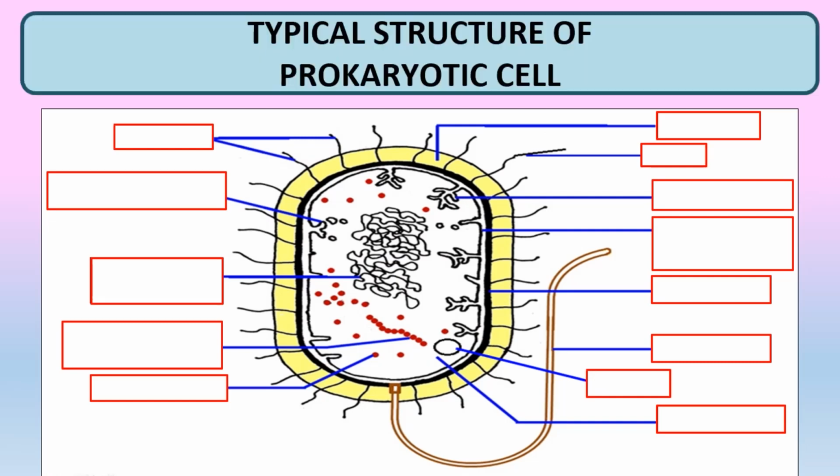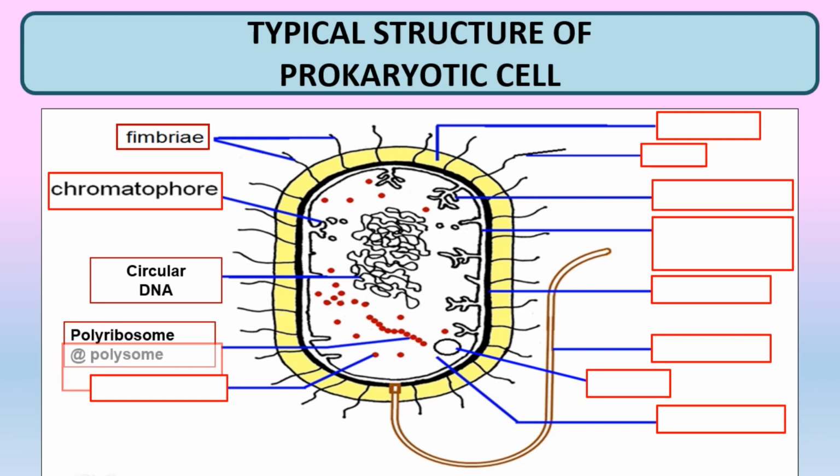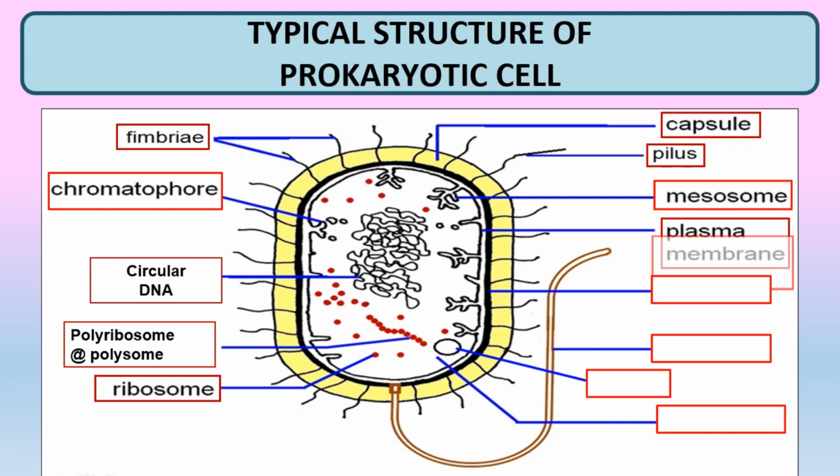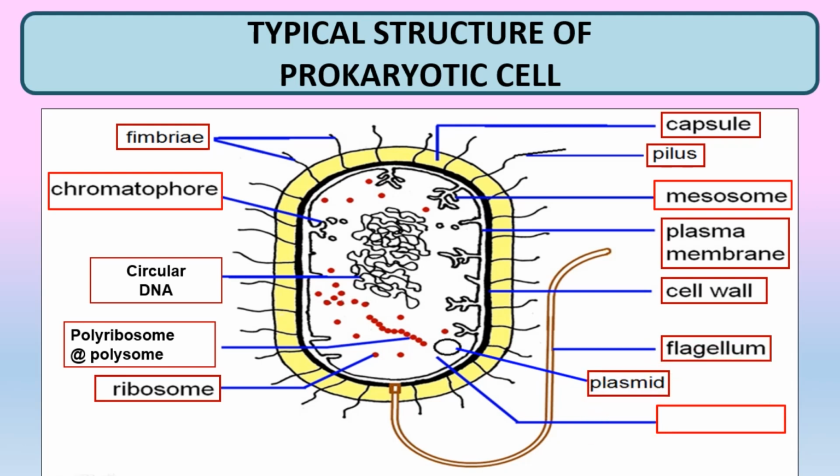Typical structures of a prokaryotic cell: fimbriae, chromatophore, circular DNA, polyribosome or polysome, ribosome, capsule, pilus, mesosome, plasma membrane, cell wall, flagellum, plasmid, and the last one is cytoplasm.